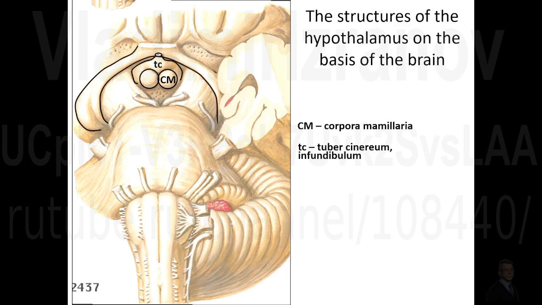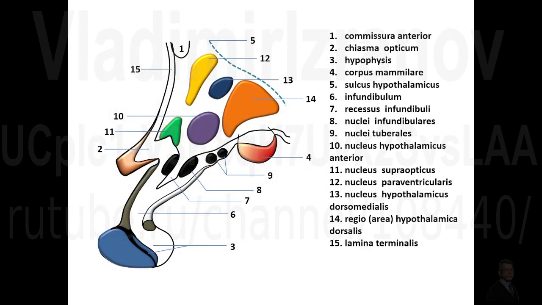Then we describe PO, tractus opticus, and CHO, chiasma opticum. And the most posterior part is the substantia perforata posterior. Here it is.